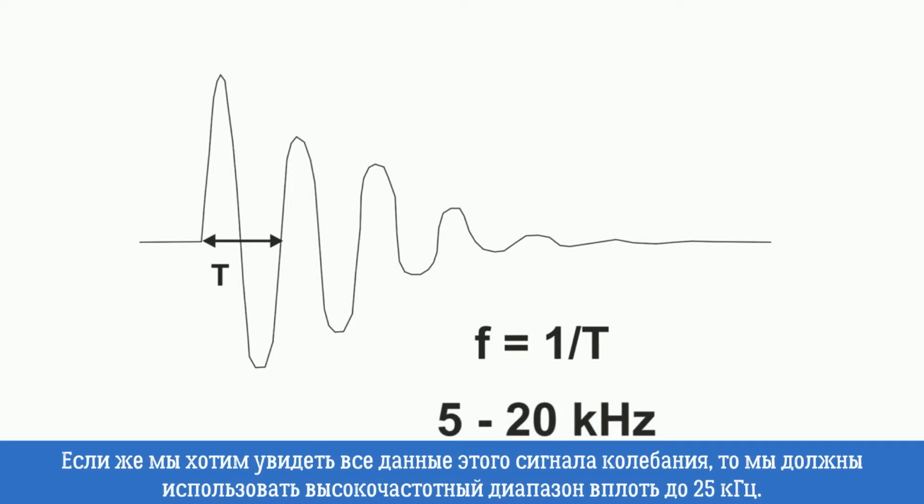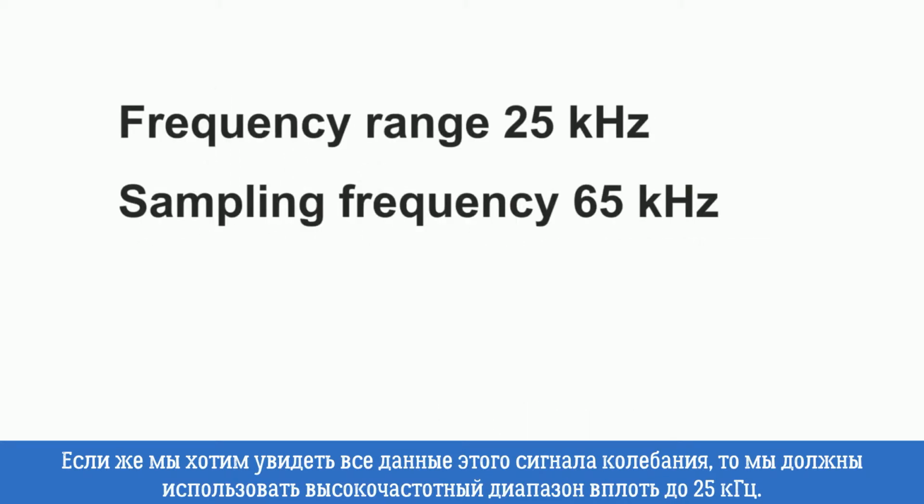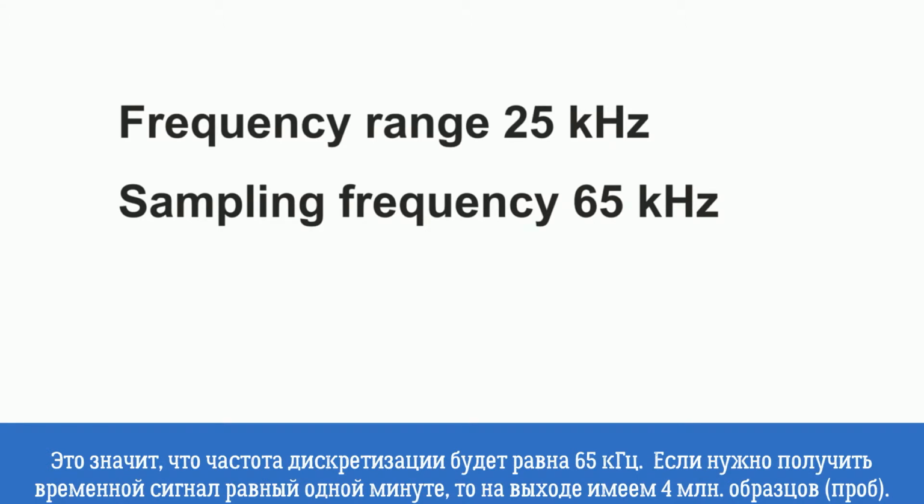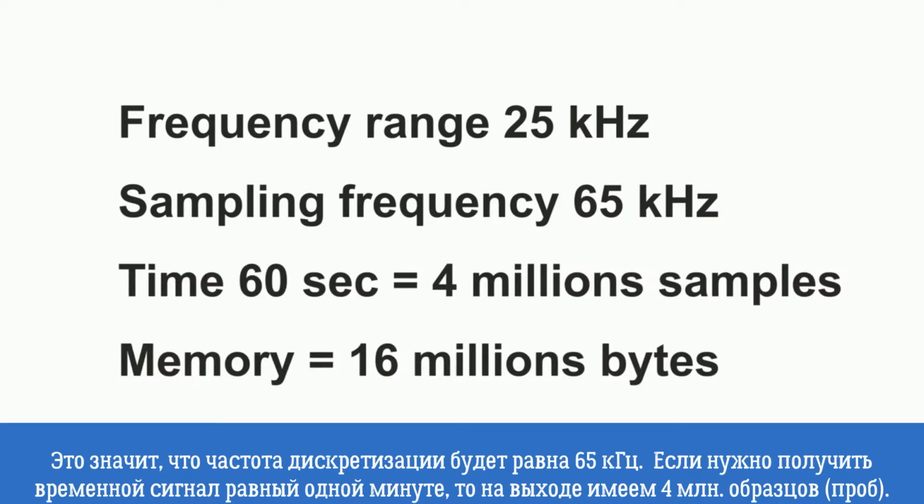If we want to see all details of this shock, then we must use the high frequency range up to 25 kHz. It means the sampling frequency will be 65 kHz. If we need to get time signal 1 minute long, then we get 4 million samples.